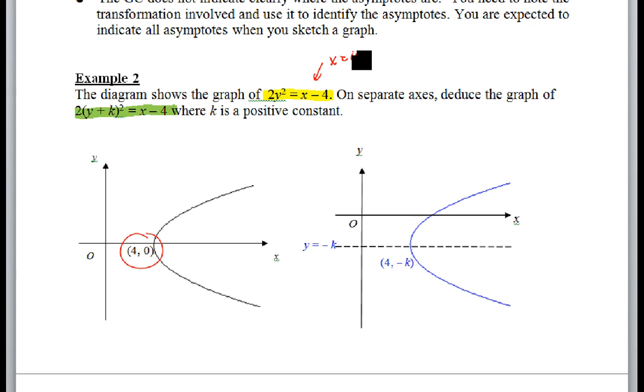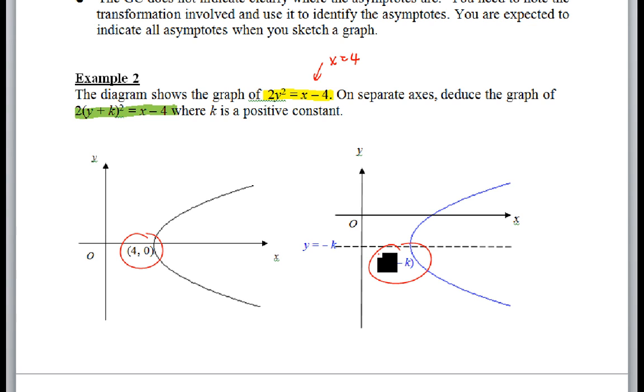For the new graph, I substitute x equals 4, in order to get the right hand side to be 0, I must substitute y equals negative k. So for sure, this must be the point (4, negative k). You do similarly throughout and you will get the same thing. So all you worry about is a replacement of y. I don't care what the expression is. If I replace y with y plus k, it will be a translation.